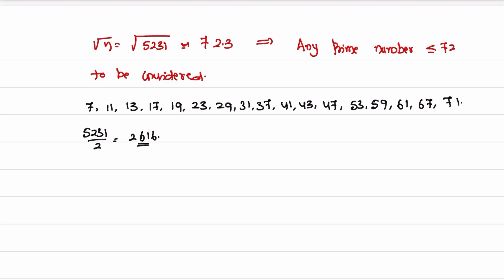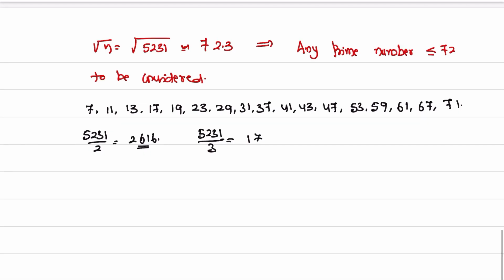for which we have to find whether a particular number is a factor or not. If you take 1/3, it will be around 1743. 5231 by 5, because 5 also we have checked, that means 1046.